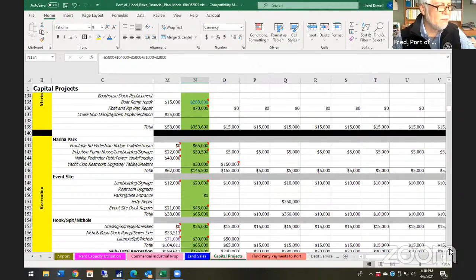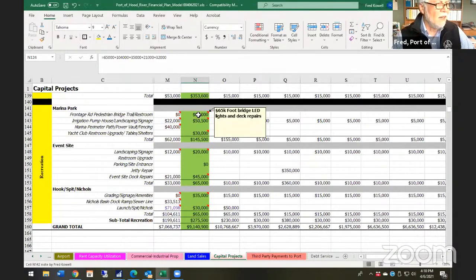Marina Park. We need some LED lighting on that footbridge over there. Every four to five years, some of the wood gets either warped or cracked, and we have to replace the wood that goes across that pedestrian bridge.